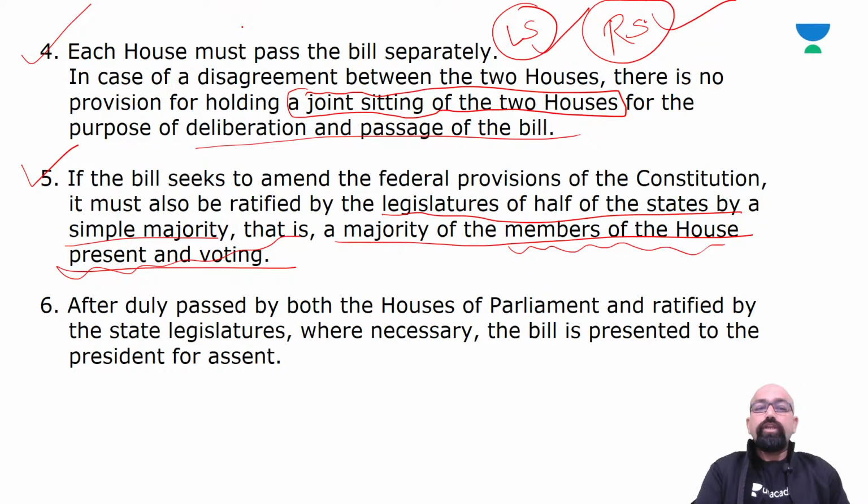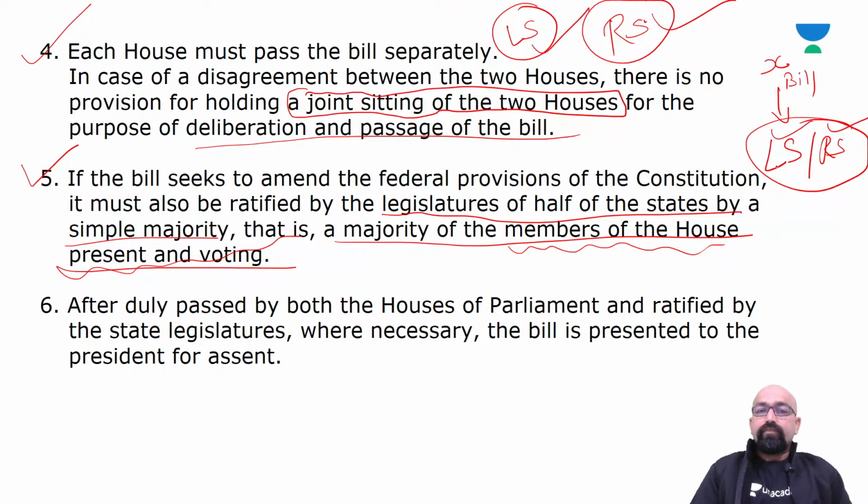Next, after being duly passed by both the houses of Parliament and ratified by the state legislature, when necessary, the bill is presented to the president for assent. So here is the procedure. If we take an example, a particular bill X is presented in Lok Sabha or Rajya Sabha, after that each house must pass this bill.